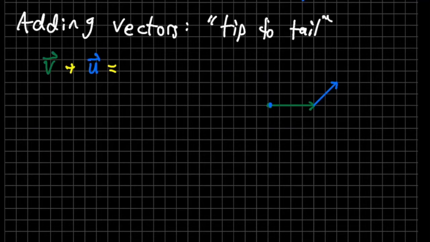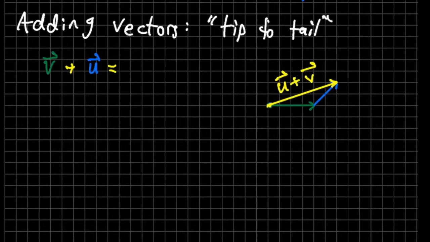Finally, the sum of these vectors is the vector we end up with starting at that starting spot, going all the way to where we end up after adding them tip to tail. So this yellow vector here is v plus u, or u plus v. So we can add vectors by adding them tip to tail.